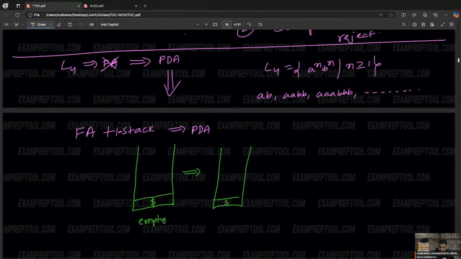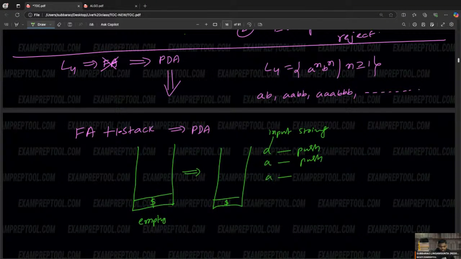Now what you do is, on this dollar, everyone listen: if A is coming in the input string, push. Again A coming, push.